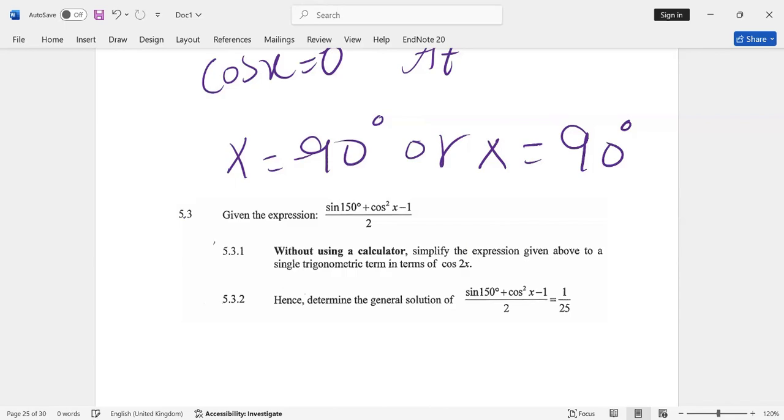The first part is 5.3.1: without using a calculator, simplify the expression given above to a single trigonometric term in terms of cos 2x. And the second is that we have to determine the solution of this. So let's solve 5.3.1.